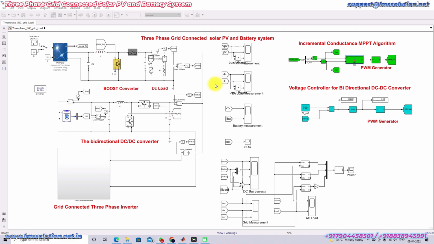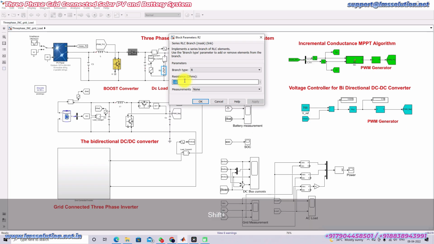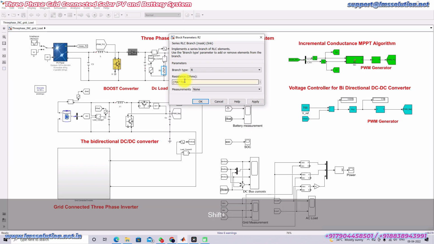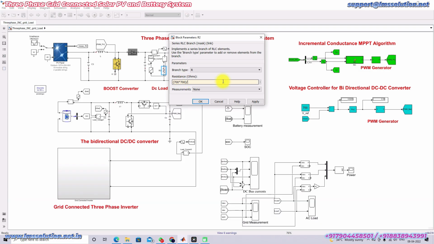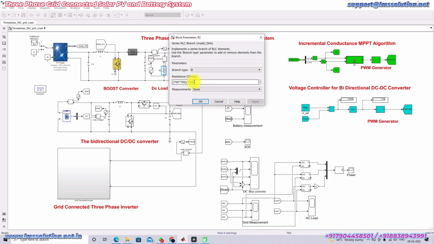So next we have to check the results. Here I am going to fix the DC load power. The DC voltage is 700, divided by the power rating. I am going to fix the power of the DC load at 1500, or else we can take the power of the DC load as 2500.